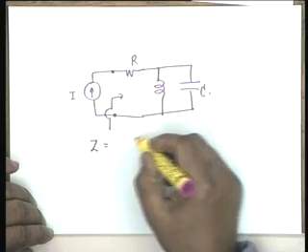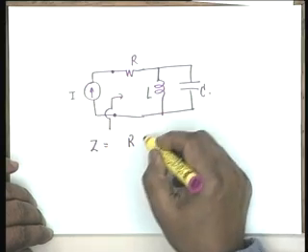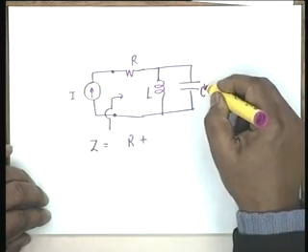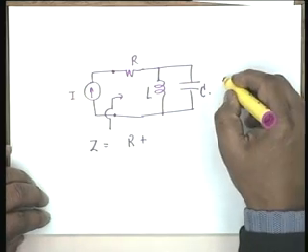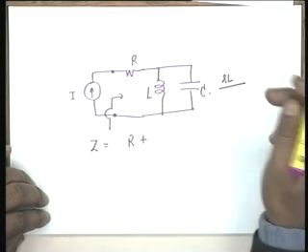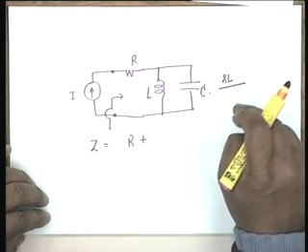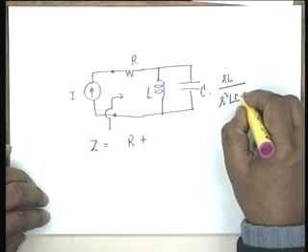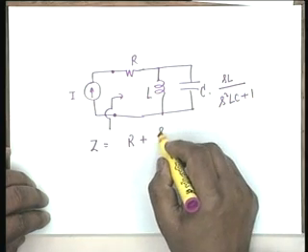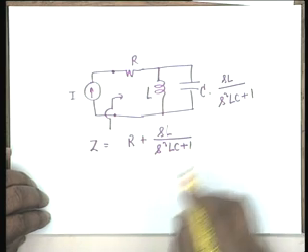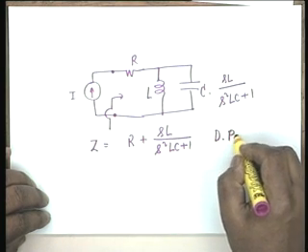So the driving point impedance is given by R plus, and you should remember that whenever L and C are in parallel, you get SL multiplied by 1 over SC divided by SL plus 1 over SC, and this is simply S squared LC plus 1. So I get SL divided by S squared LC plus 1. This is the driving point impedance.